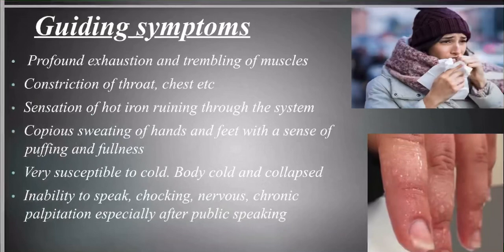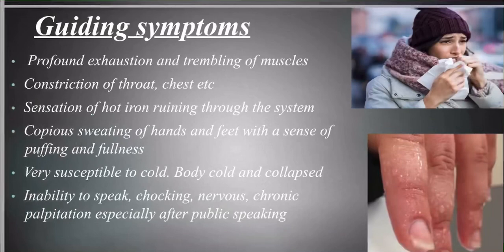Inability to speak, choking, nervous, chronic palpitation, especially after public speaking. You can see here the person is unable to speak. After public speaking, when he gives a lecture or something, he becomes nervous and palpitations begin. Hope it is clear.